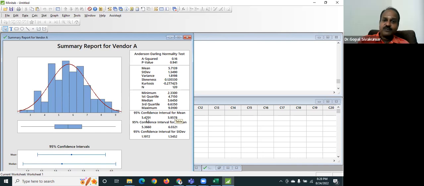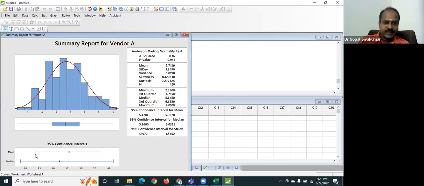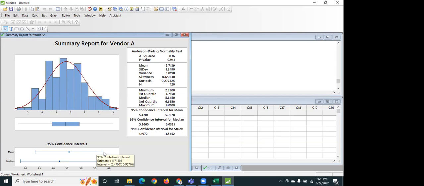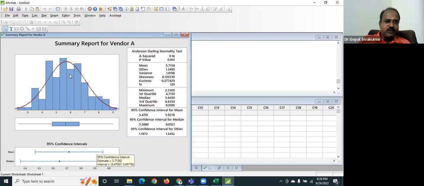Lower confidence limit 5.47. You can also see the confidence limits as this kind of bar. This is the lower confidence limit, 5.47. This is the upper confidence limit, 5.95.